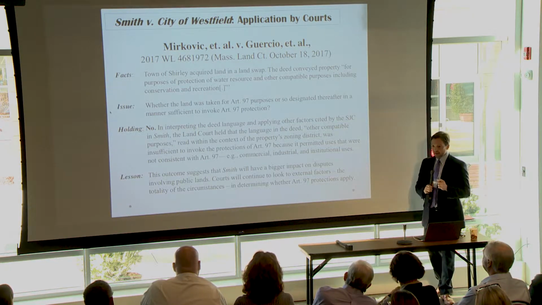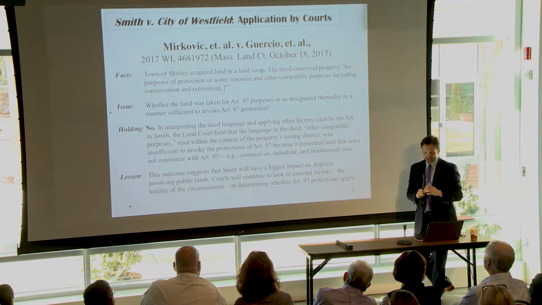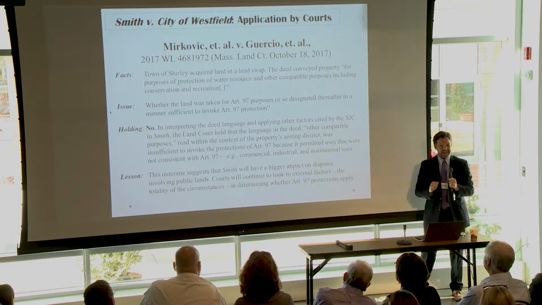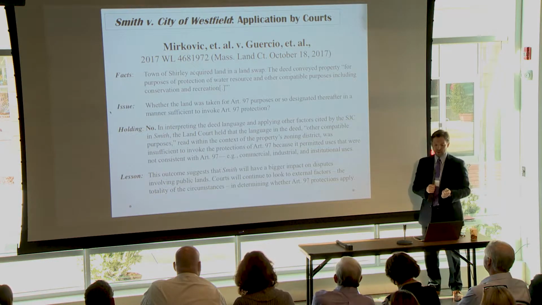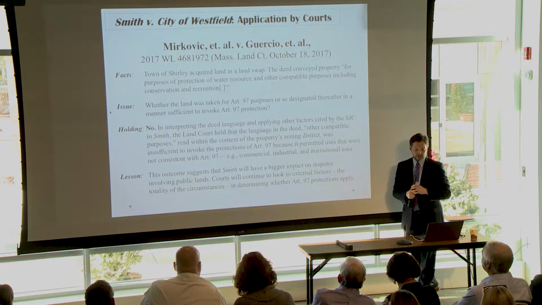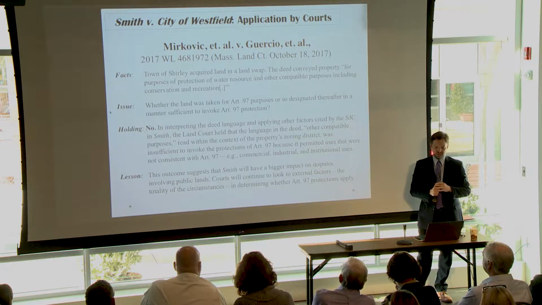The deed, and this is going to really be what you're going to be hearing a lot about from Kathleen shortly, what deeds should say, again, like the more practical aspects of this. But in this case, the deed conveyed the property for the purposes of protection of water resources and other compatible purposes, including conservation and recreation.